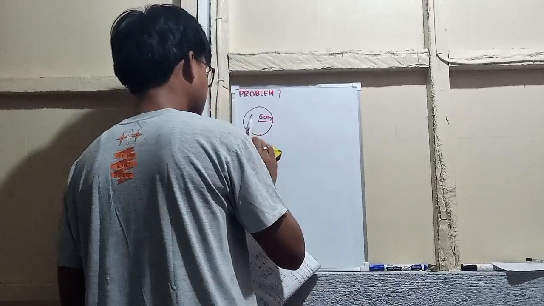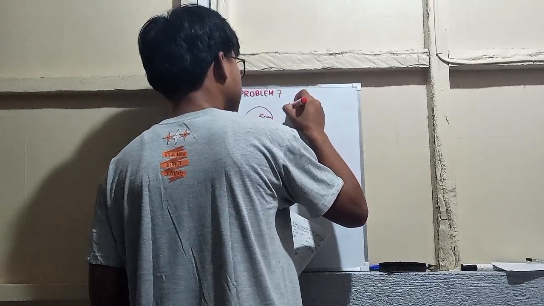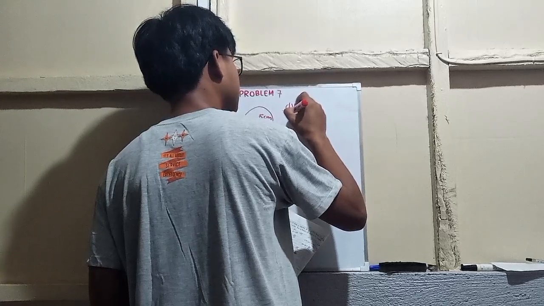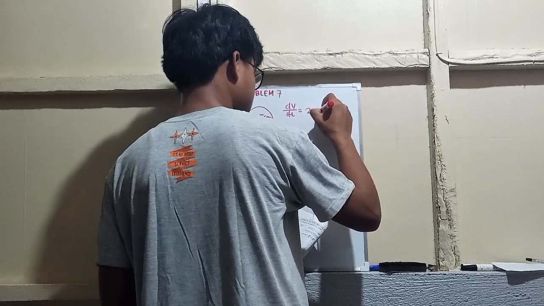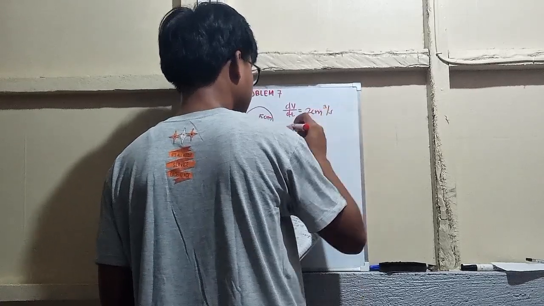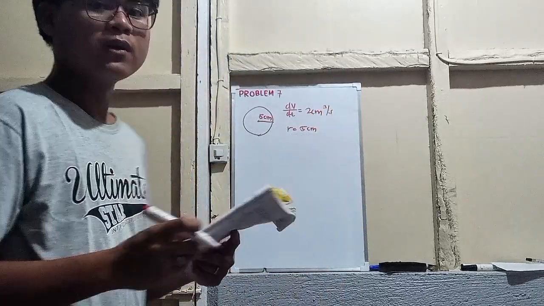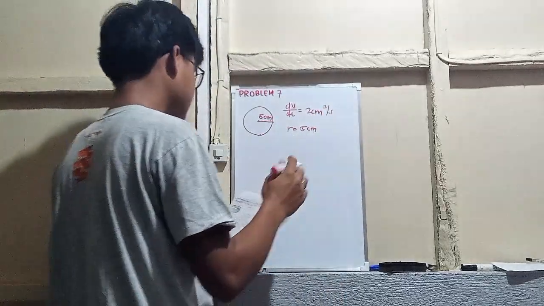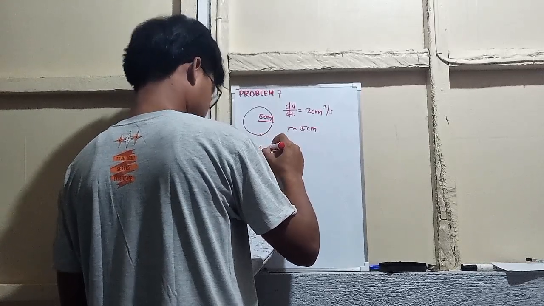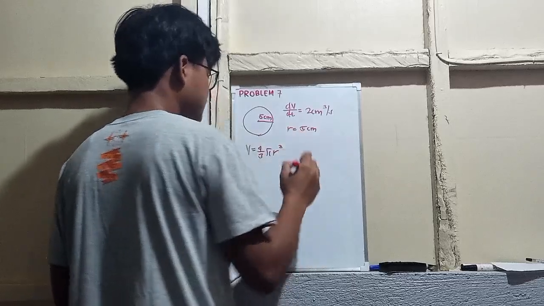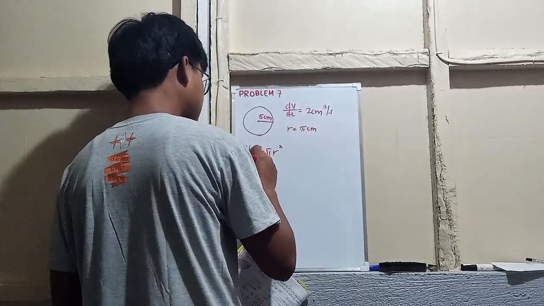So the given in the problem is the rate of the volume is equal to 2 centimeter cubed per second, and the radius is 5 centimeters. The volume for a sphere is equal to 4 over 3 pi r cubed. Now we'll differentiate the formula.